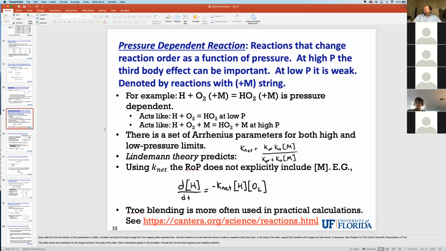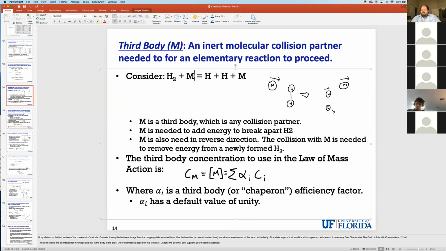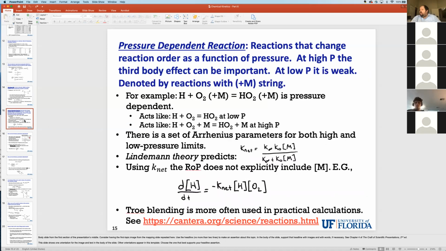At high pressure, the effect of the third body is very important. And at low pressure, for some reactions, the effect of the third body is weak, and then the chemical reaction behaves like the third body just doesn't exist. That only occurs for some reactions, but not others. But they are very important to chemical reaction mechanisms.